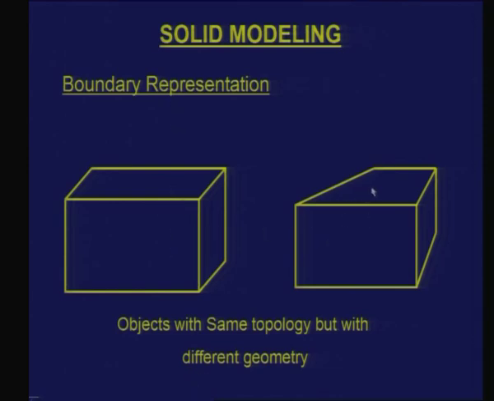So the same is true with these two faces which share a common edge. So when I store a topology for this, it is the same, there is no difference. But what makes these two objects different is geometry. So what is geometry in this case? It is the x, y, z coordinates of the 8 vertices. Okay.